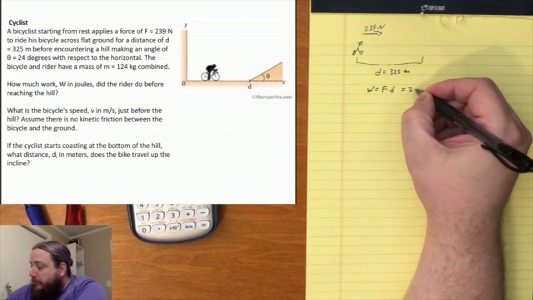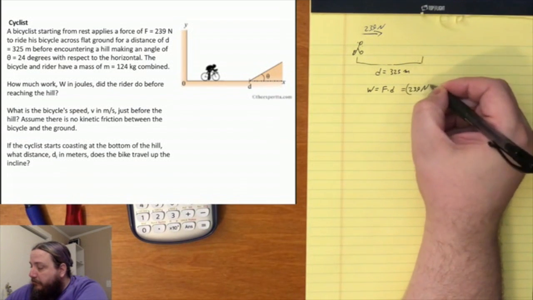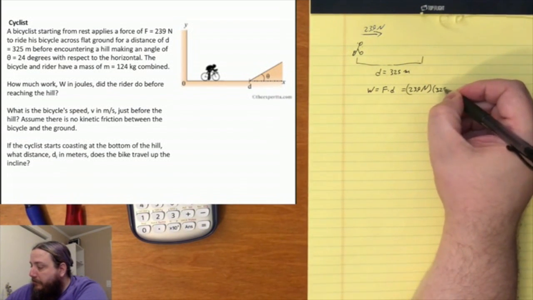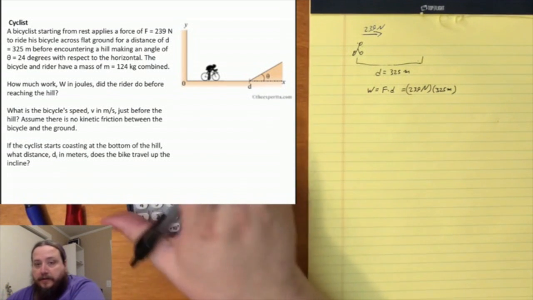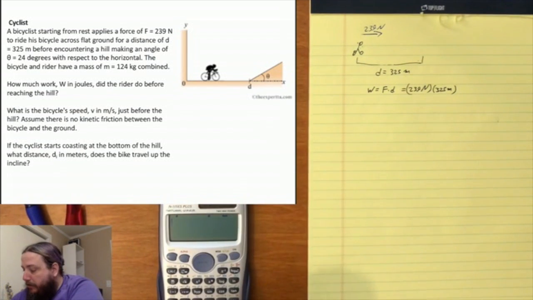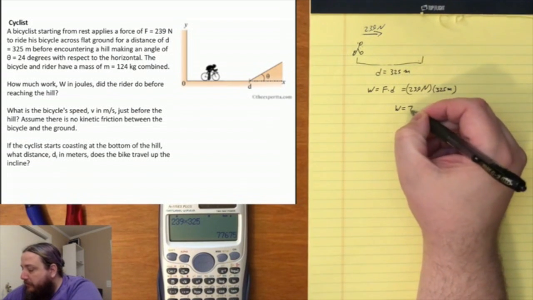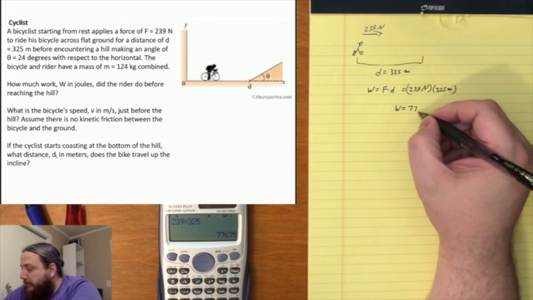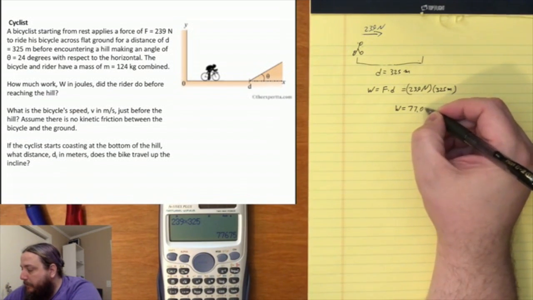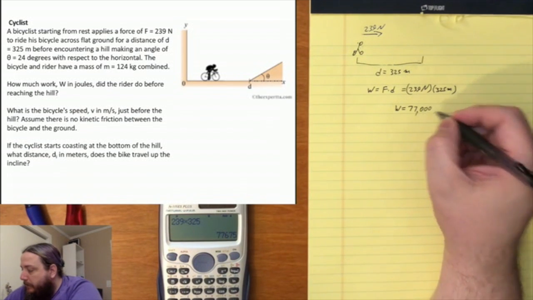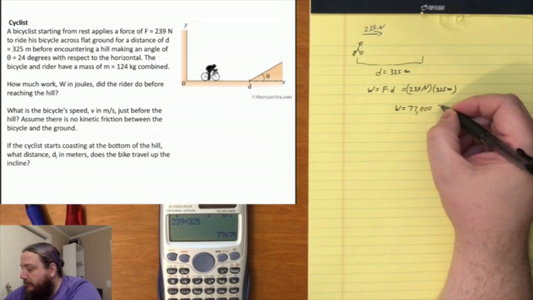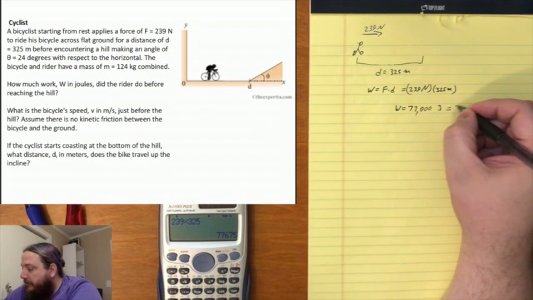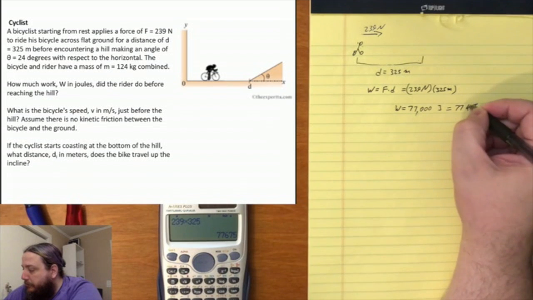So that's 239 newtons applied through 325 meters, which gives us a work of 77,000 joules, or 77 kilojoules.